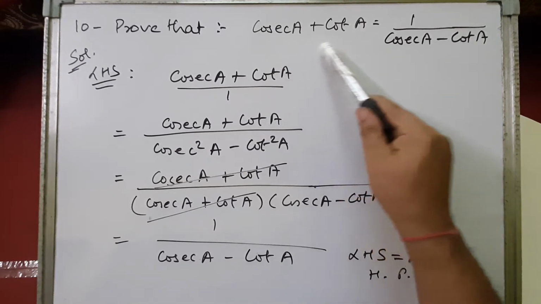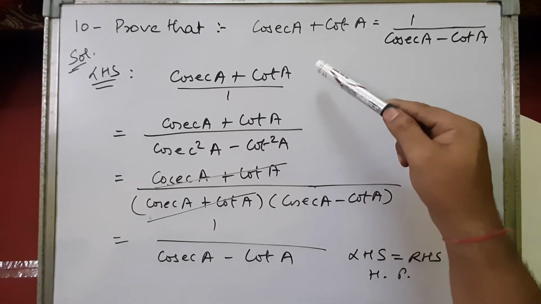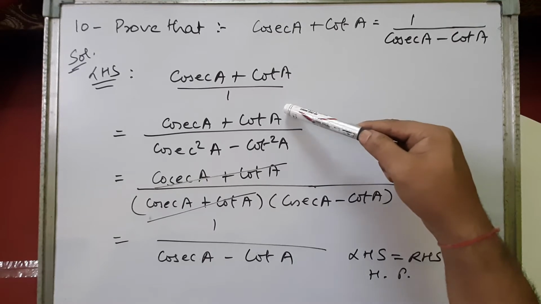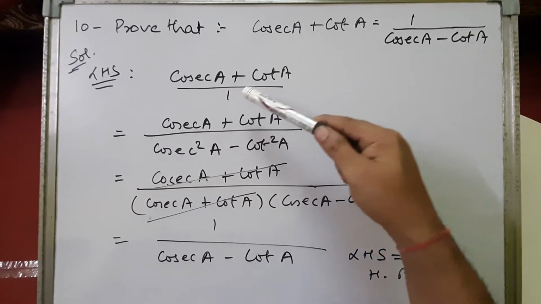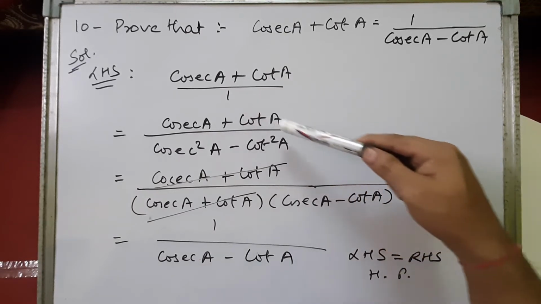So when cosec A plus cot A is given, then we can write, that means the denominator is 1. So we can write this expression as cosec A plus cot A whole upon 1. And in 1 we can substitute the value, right?